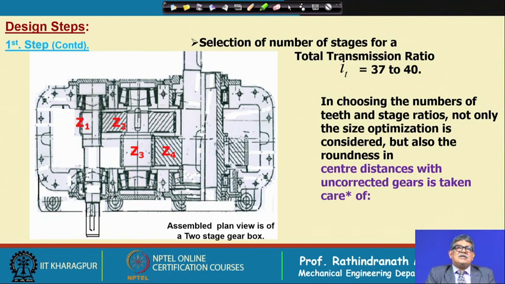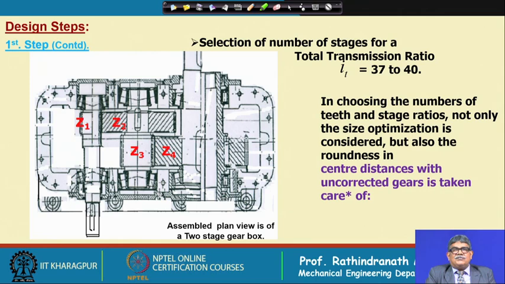Second part, while we are selecting the number of teeth, usually a stage ratio should not be a whole number. Say for example, Z2 by Z1, the first stage ratio, should not be a whole number. Whole number means that, say it is 3, then after every 3 revolutions the same pair of teeth will come in contact.